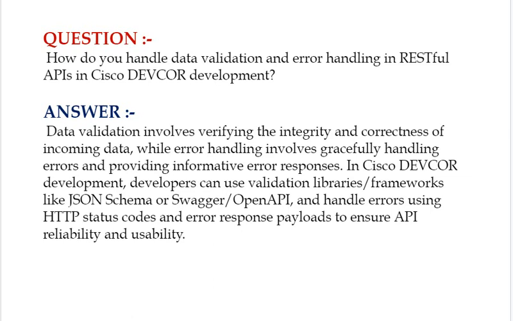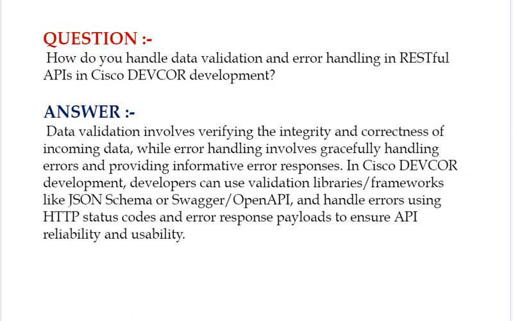Our next interview question is: how do you handle data validation and error handling in RESTful APIs in Cisco DevCore development? Your answer should be: data validation involves verifying the integrity and correctness of incoming data, while error handling involves gracefully handling errors and providing informative error responses.